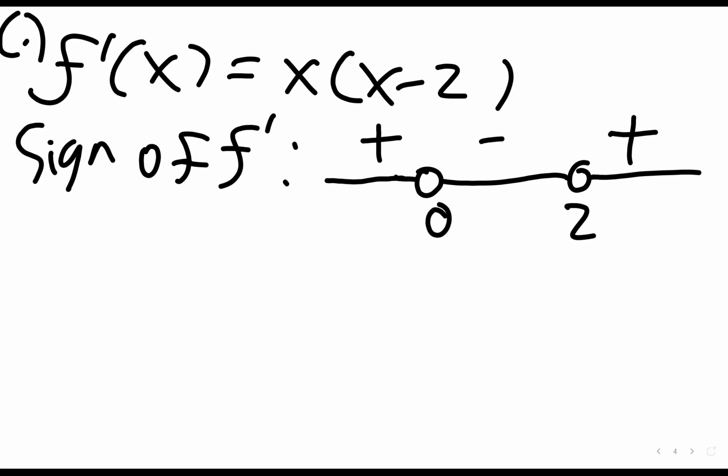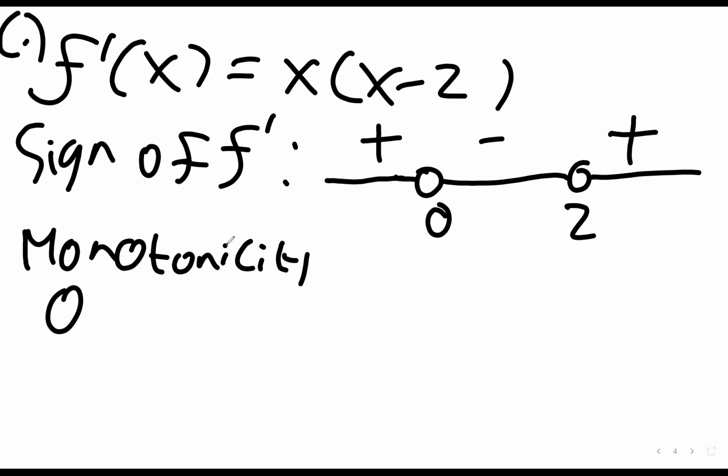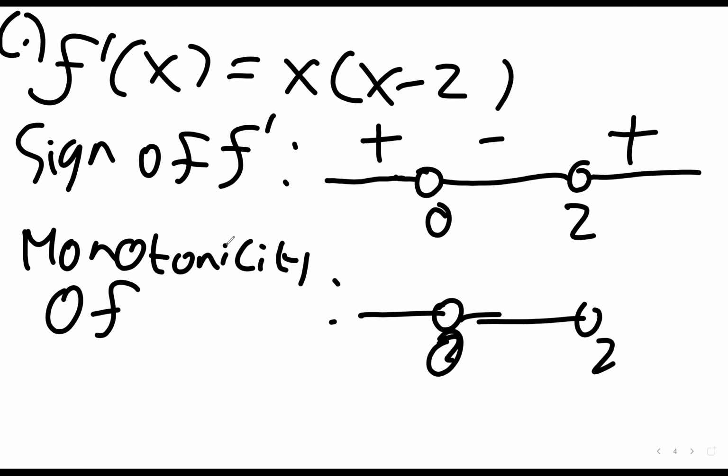Before we continue to the conclusion, you may sketch it. For the monotonicity of f, if f prime is positive, then f is increasing. So you may use this graph: increasing, decreasing, and increasing.